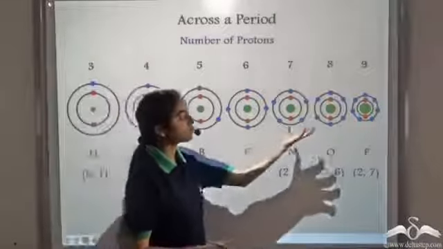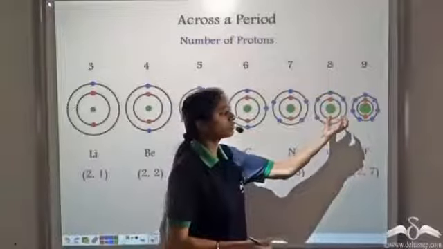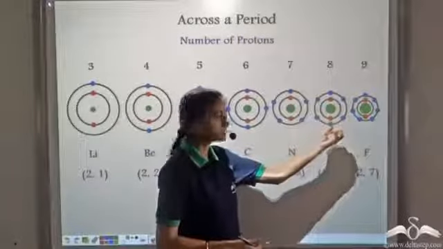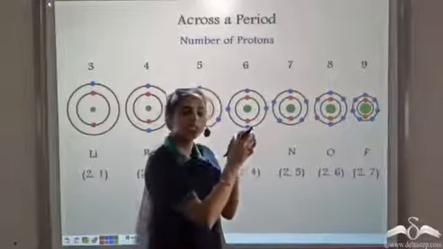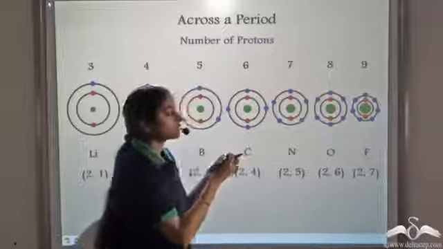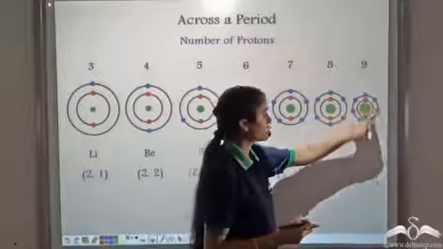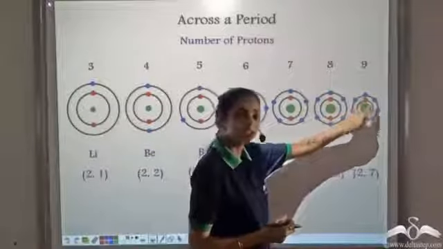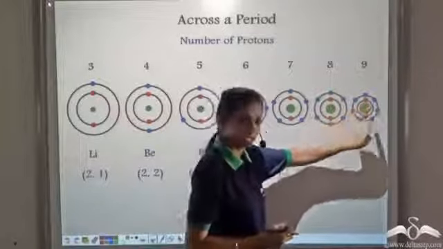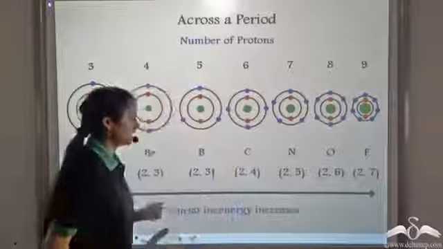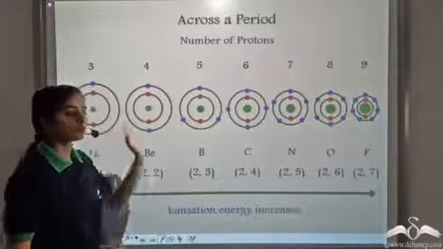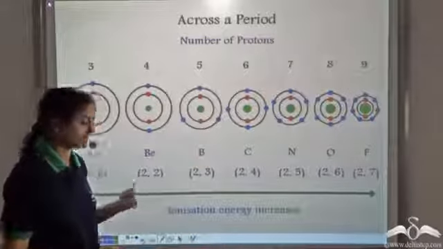That means the outermost shells are pulled with a greater force towards the nucleus. Since the outermost shells are very close to the nucleus, it requires a lot of energy to remove the electrons from this shell. Since now the energy required to remove the electrons increases, therefore the ionization energy on moving from left to right in a period increases.